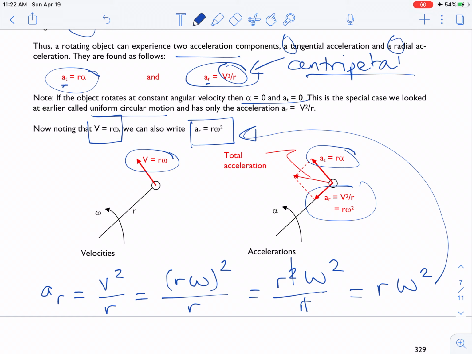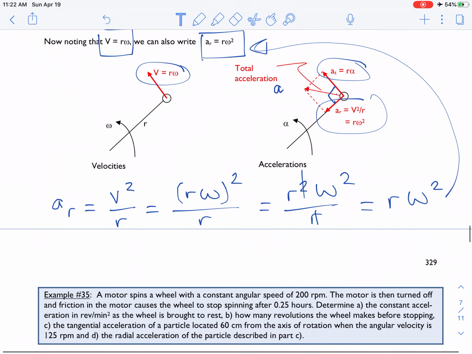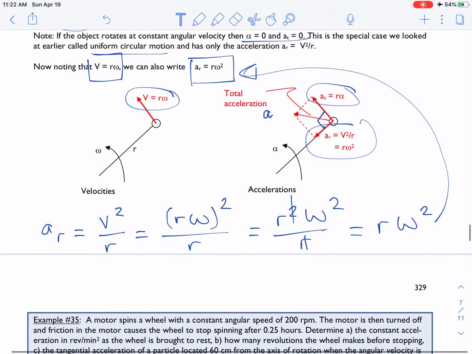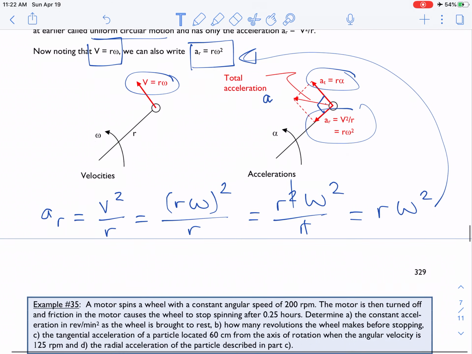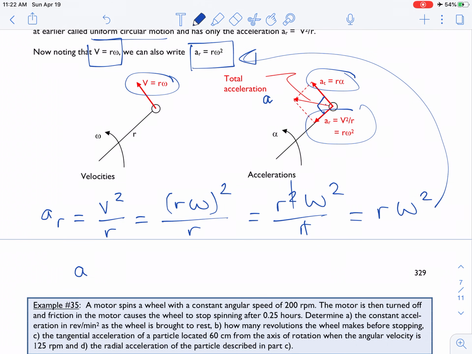If you have those two, then since they are perpendicular to each other, you can use the Pythagorean theorem to find the total acceleration, right? And that's what we're going to do later, but I'm going to write it here. That a can be written in terms of these a_t and a_r components: a equals the square root of a_r squared plus a_t squared.